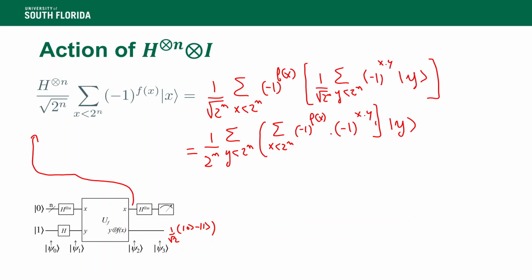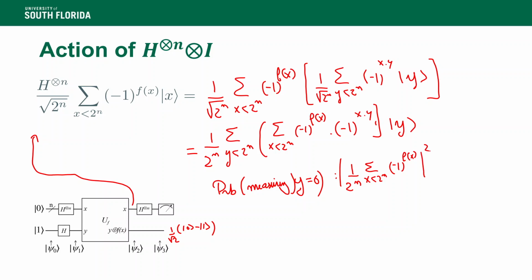The probability of measuring y equals 0 is going to be 1 over 2 to the n, the sum for x strictly less than 2 to the n of minus 1 to the f of x, squared. That's because the terms in y are going to cancel, and we are left with the sum of the minus 1s to the f of x.